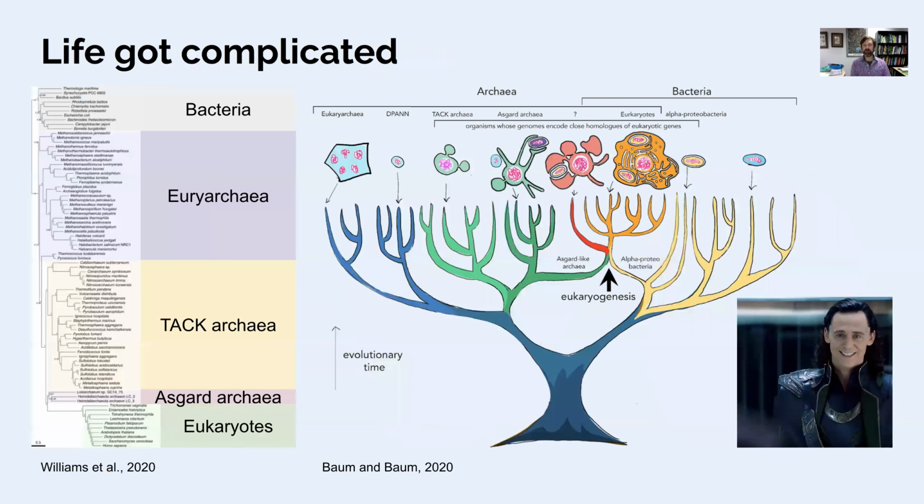Okay, so we talked a lot about eukaryotes and bacteria, and eukaryotes and bacteria are two of the three domains of life. At least that's how it stood for a while. So there was eukaryotes, bacteria, and this third domain called Archaea. Well, things are getting more complicated, as the slide tells you.